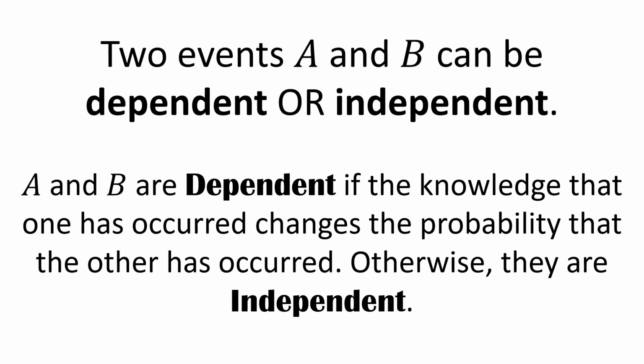Let's say event A is the event that it rained while I was walking to work. And let's suppose event B is the event that my hat is wet. So event A and event B both have probabilities. Event A has some probability based on the weather. Event B, well, my hat could be wet for a number of reasons.